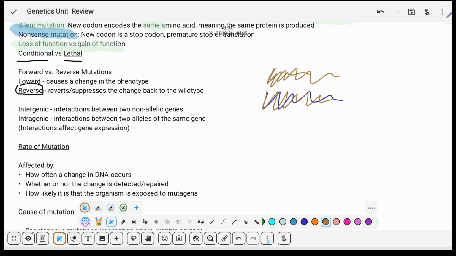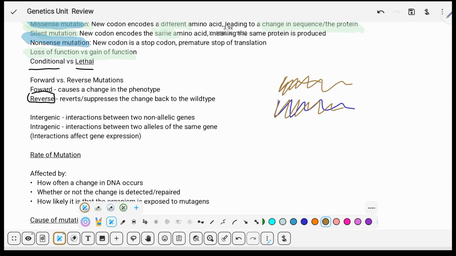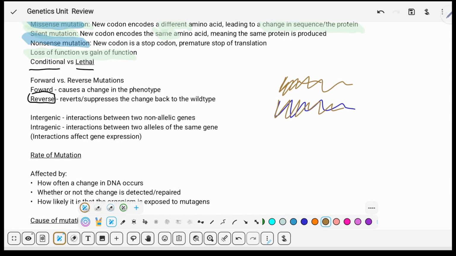The reverse can either affect the same gene. So if the change was say from an ATG to an ACG, and this somehow radically affected the protein so it turned blue, we could have a reverse mutation that turned it back to ATG, and then it would go brown again.